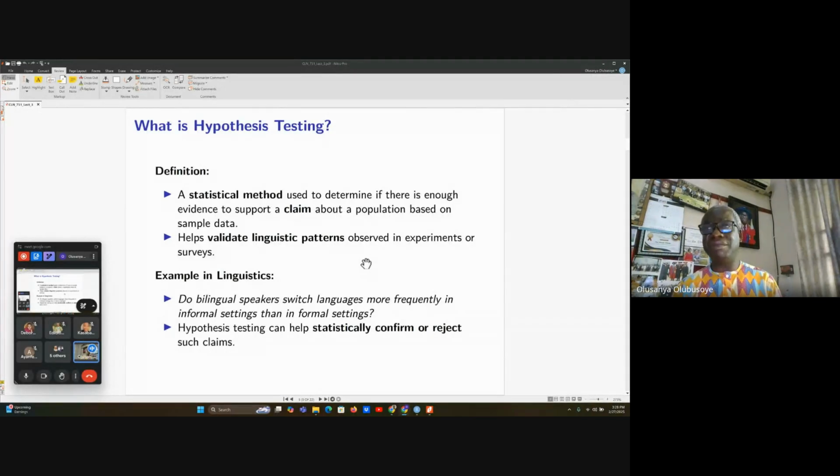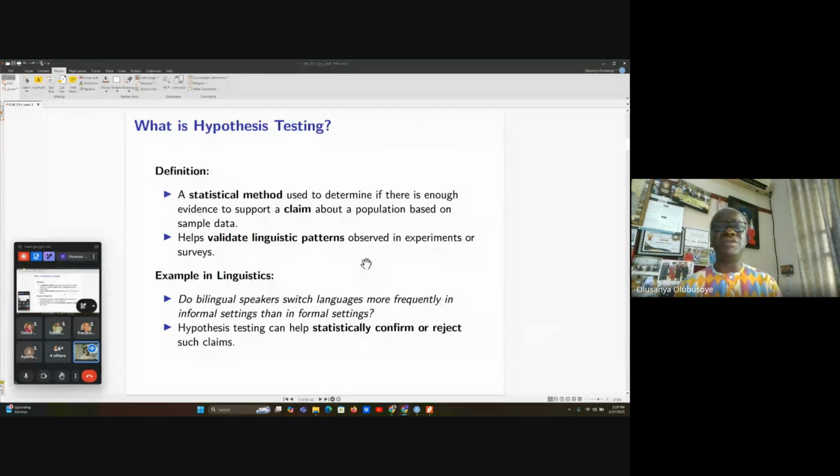So I can claim that the average speech rate of the students in this class, for instance, is 150. That's a claim. And I need this statistical method to be able to say whether that claim is supported by the data that I have or not.